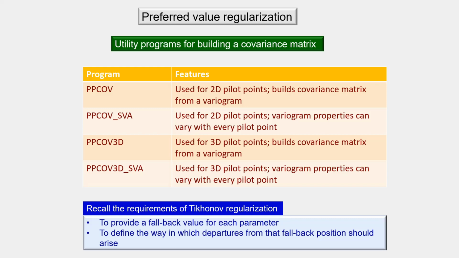So if, for example, we have a large density of pilot points in one part of a model domain and a smaller density of pilot points in another part of the model domain, the range of the variogram can vary between those different parts of the model domain. We can have a small range for the variogram where pilot points are close together, because the fact that they're close together implies that heterogeneity may arise on a smaller scale.